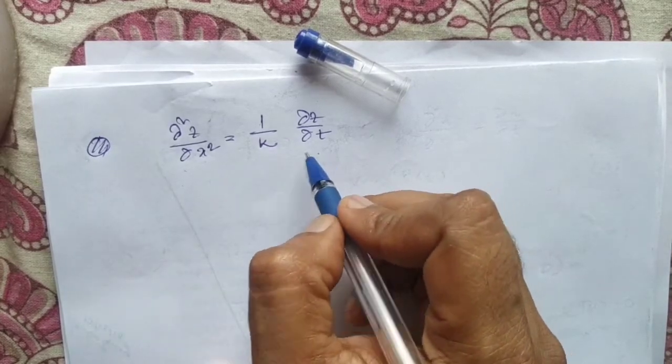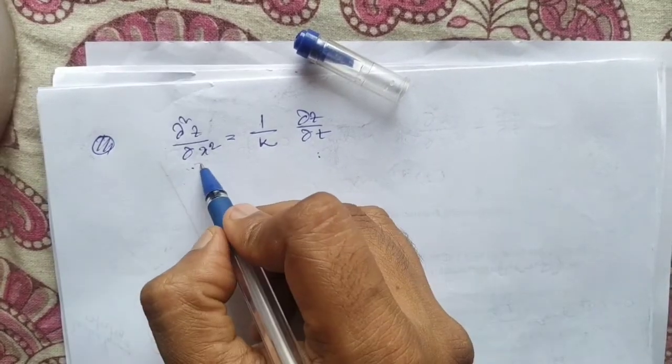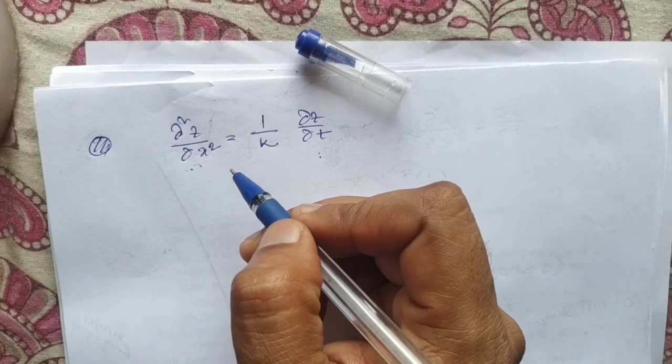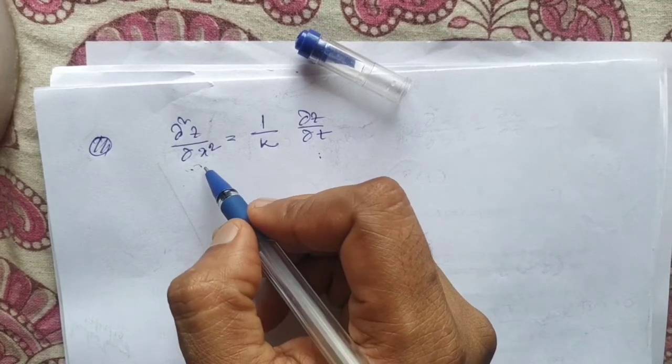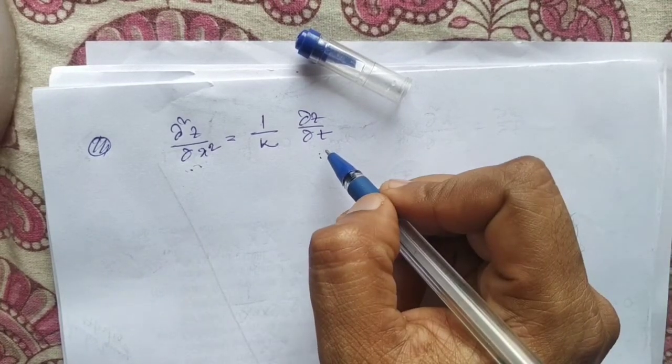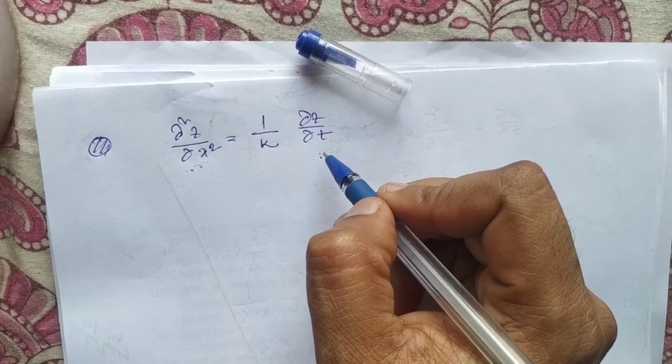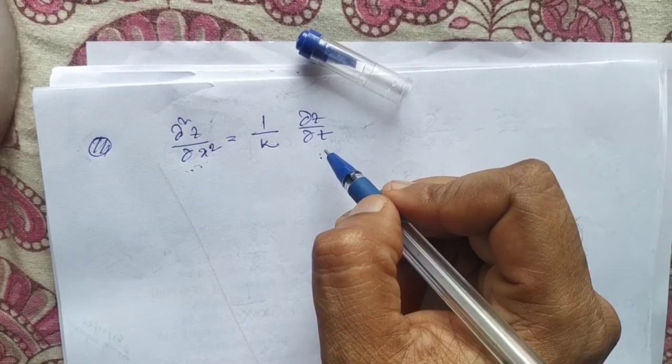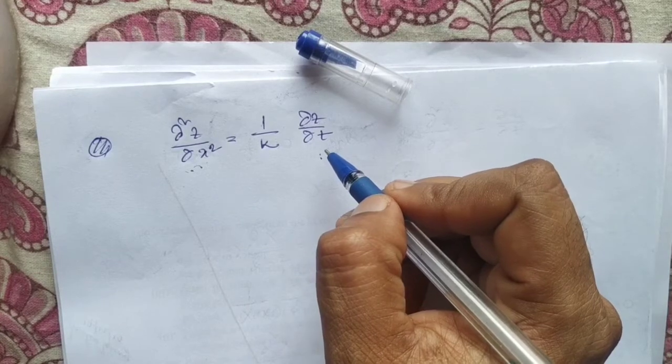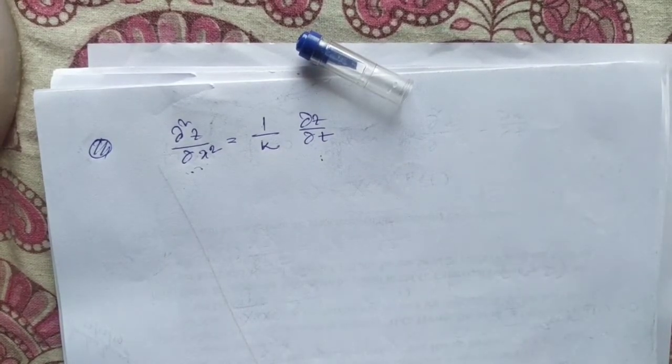This is the one-dimensional diffusion equation because the only spatial dimension is x, and this is time. So you are in one dimension, and in one dimension you will follow how your heat or temperature gradually increases or decreases with time.